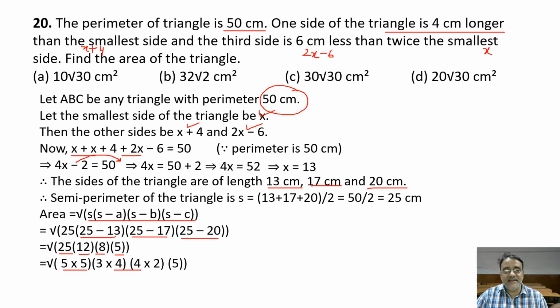So only 5 and 4 we can take out of the square root and what will be left inside the root? 3, 2, 5. So final answer is 20 root 30 and the correct option is option D, right?